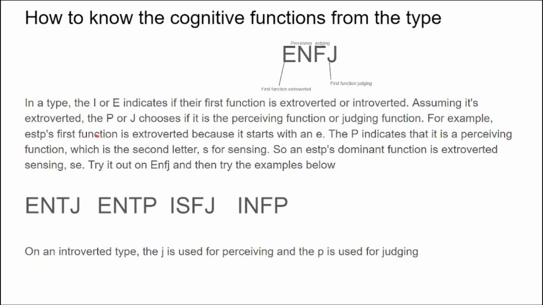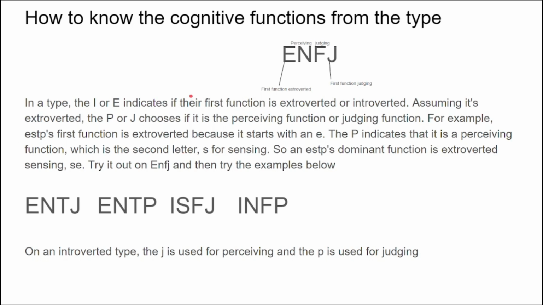For example, ESTP's first function is extroverted because it starts with an E, and the P indicates that it's a perceiving function, because the perceiving functions are always the second letter, S for sensing.